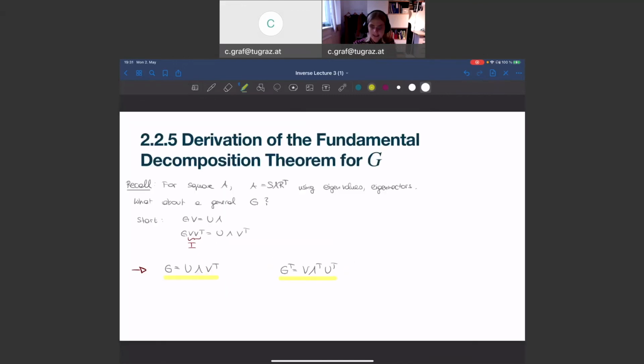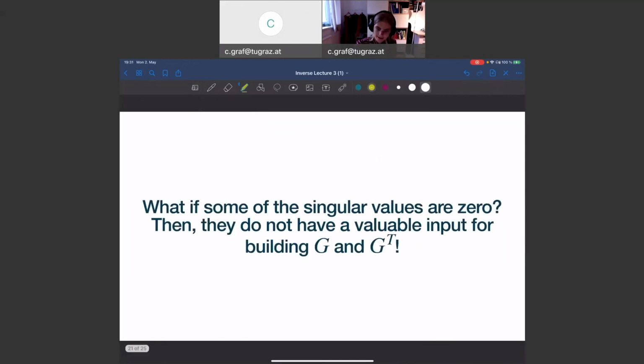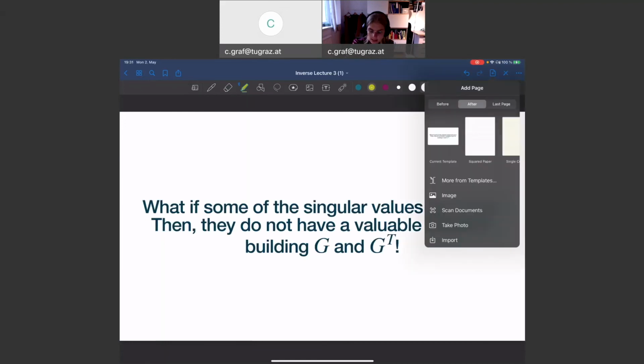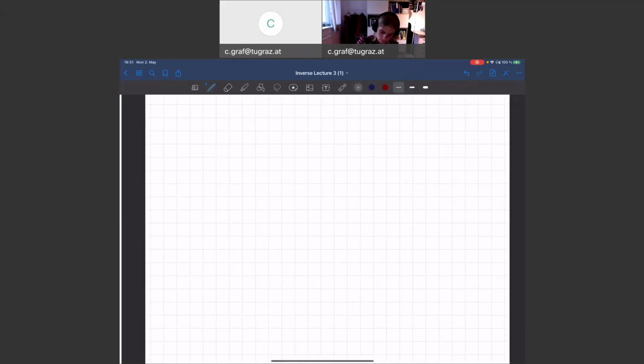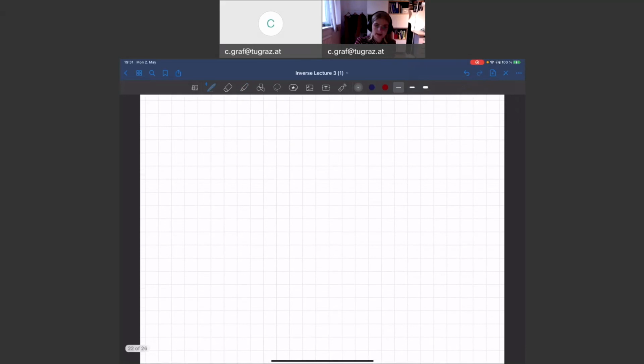Now, there's one thing left. We did not discuss what to do if some of the singular values are 0. Like in the square case, then they do not have a valuable input for building T and T transposed. So basically, we could just get rid of them. So like in the square case, we start with rearranging the lambda i's.